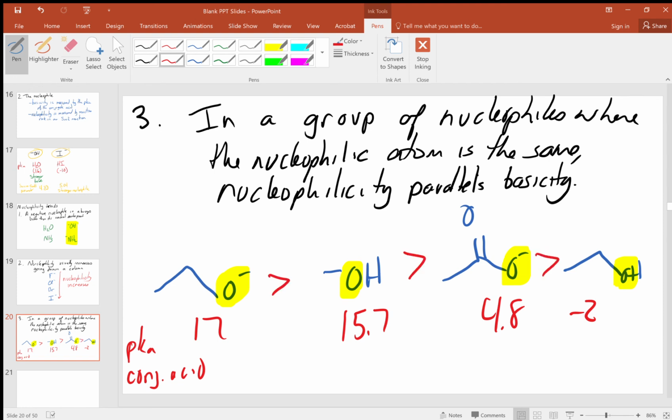We'll see for this group, again because it's oxygen in every case, as the pKa goes down, that means the acid becomes stronger, the base becomes weaker, and the nucleophile becomes weaker. But again, this is only when the nucleophilic atom is the same. Once your nucleophilic atom starts to change, then you can't use basicity to make these predictions.